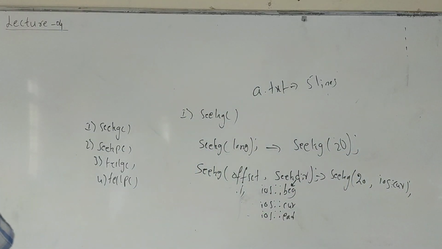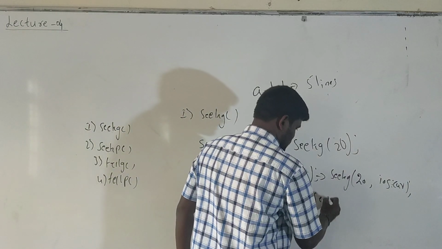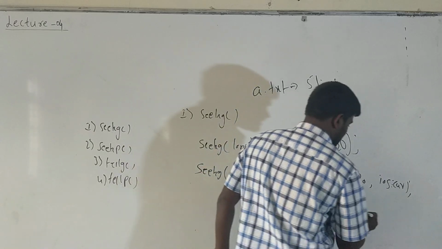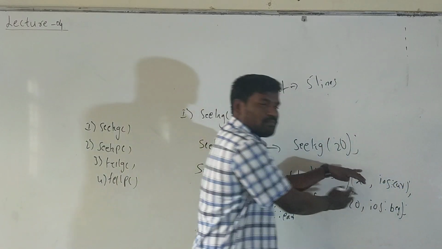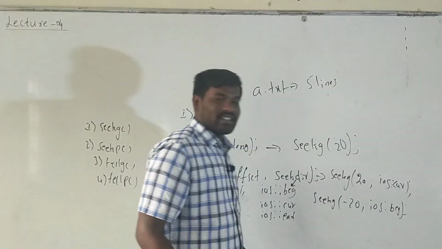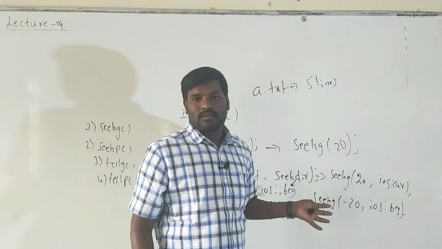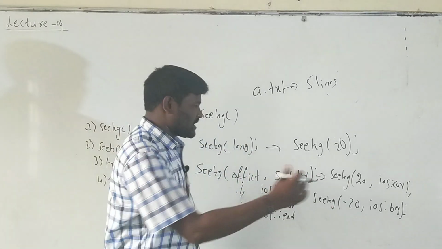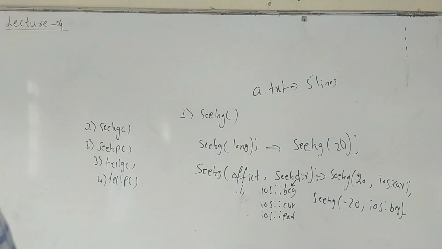CUR means current. Another one is seekg(-20, ios::beg). In the backward direction, it will move to the 20th character, that is, from the end of the file it will consider getting the characters.